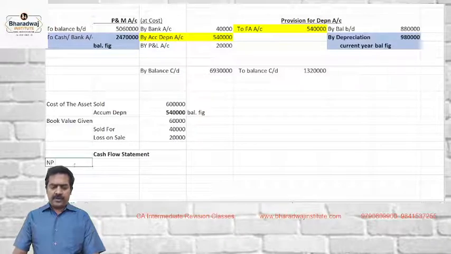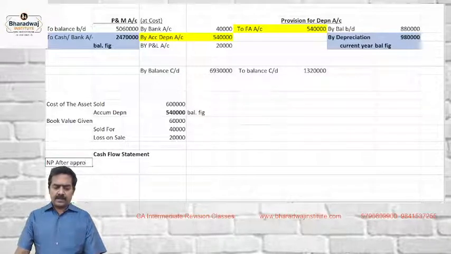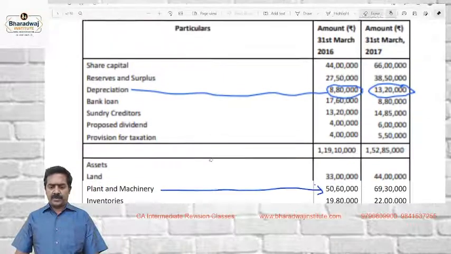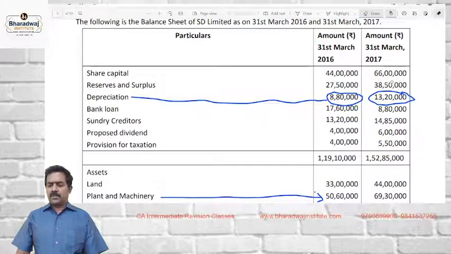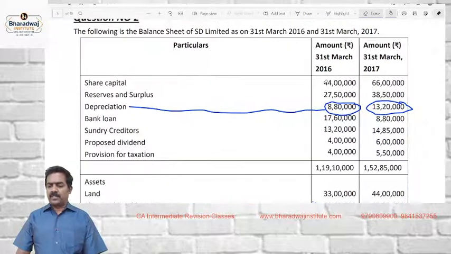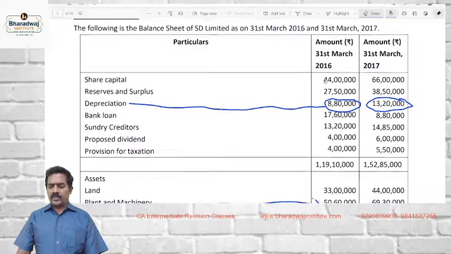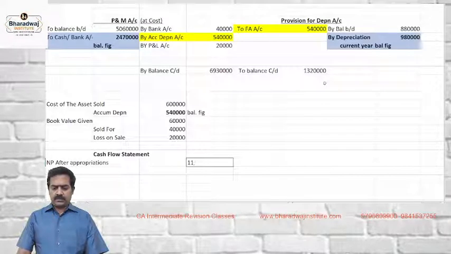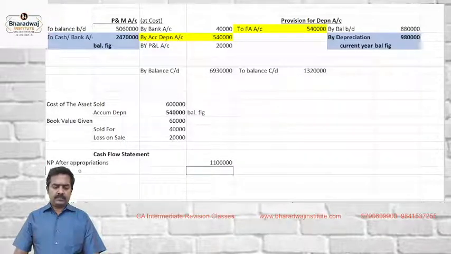So net profit after appropriations. Let me work along with you. Please tell me your net profit after appropriations. The reserves and surplus, closing balance minus opening balance can be taken. What is the difference? Add, first always close the adjustments.